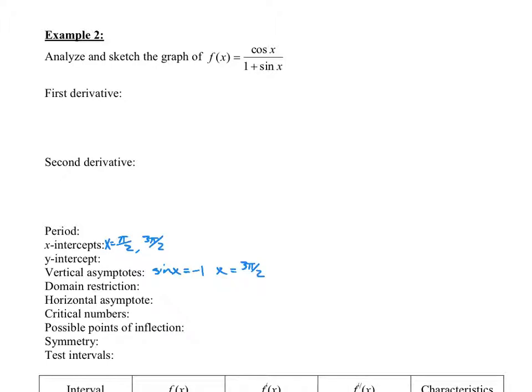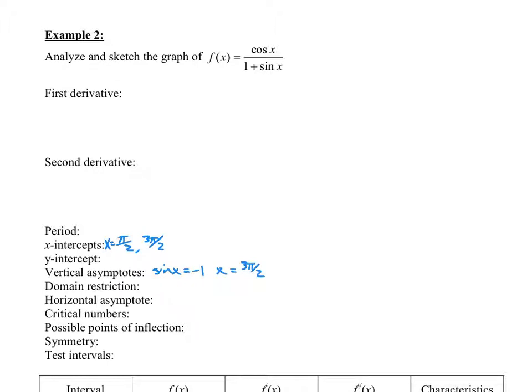Horizontal, remember, we're looking at as x approaches infinity, what's happening to our function. Now, something interesting happened right here. Notice one of my x-intercepts was also what I thought was a vertical asymptote. So what actually occurs at 3 pi over 2? A hole. I have a hole, okay?